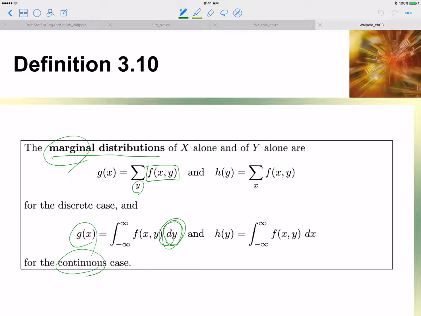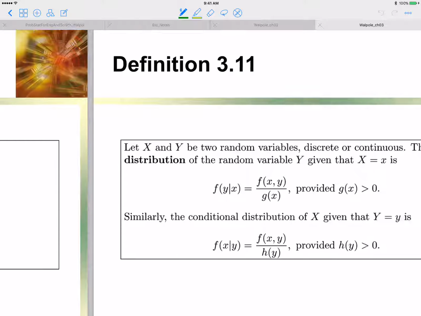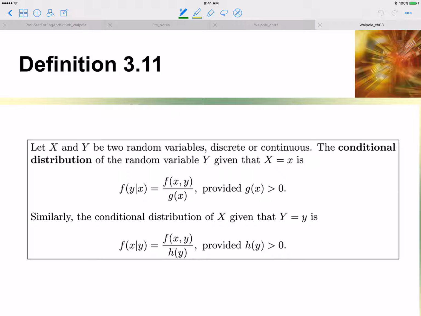Okay, that was the marginal distribution, and we also learned about the conditional distribution. Conditional distribution is the shape we get when cutting this mountain.